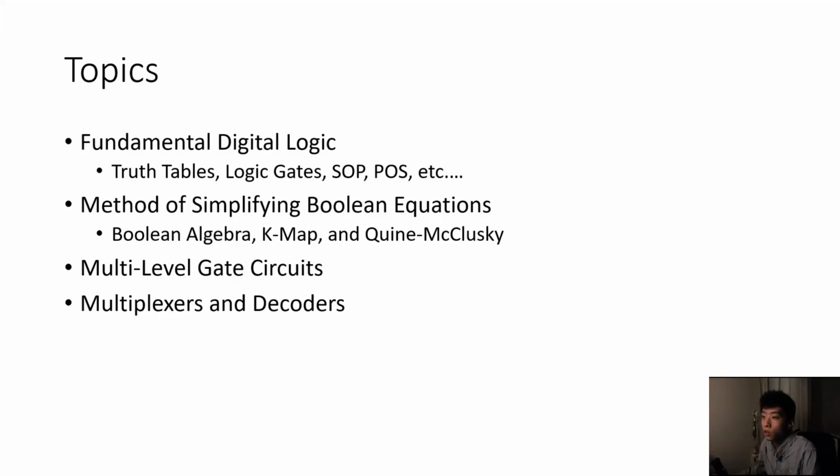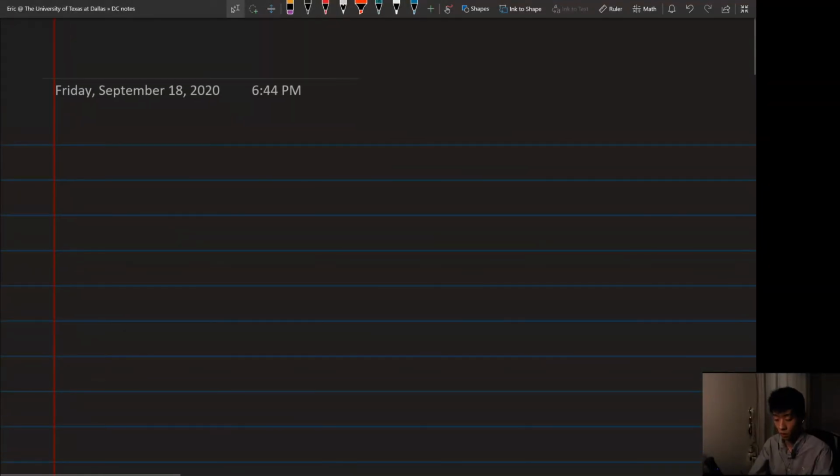For fundamental digital logic and truth tables, let's start with the AND gate and OR gate. This is a 2-input AND gate.